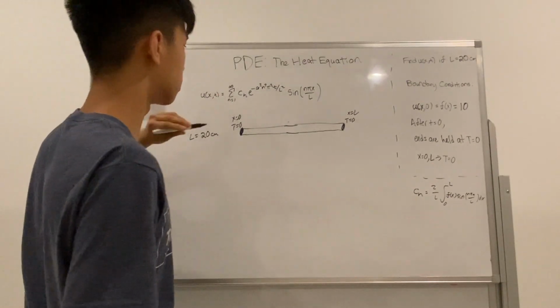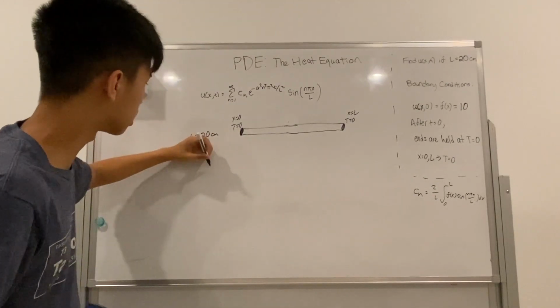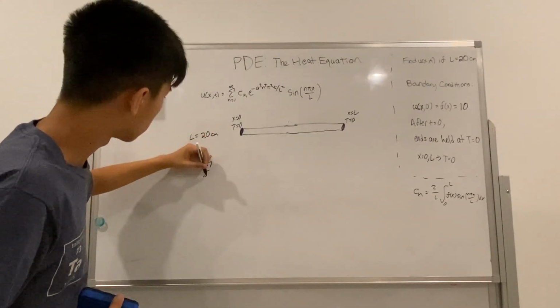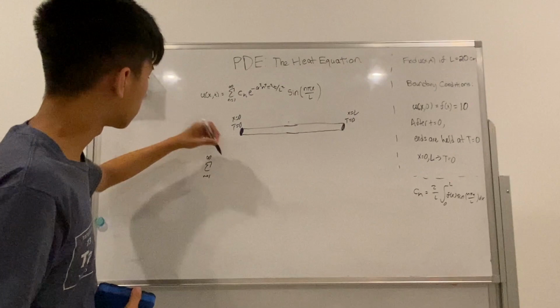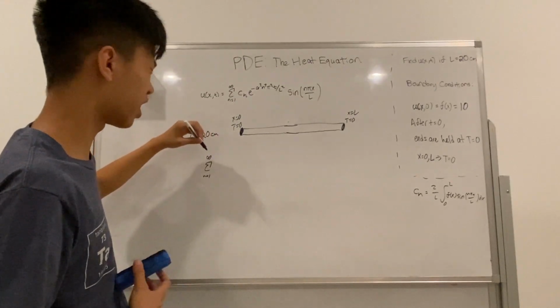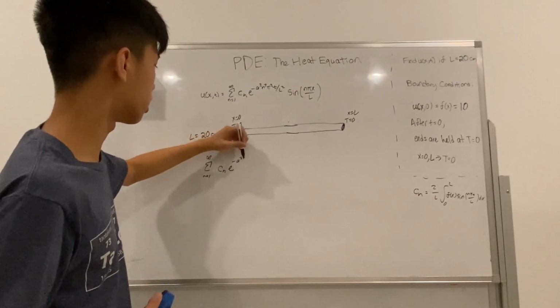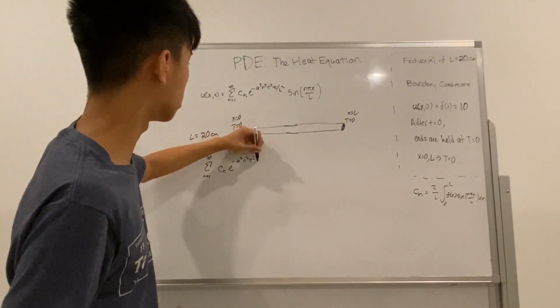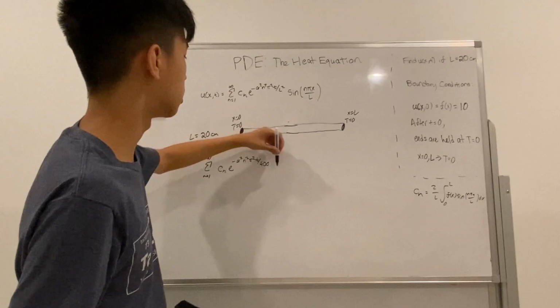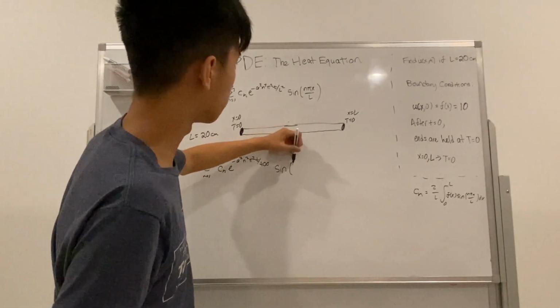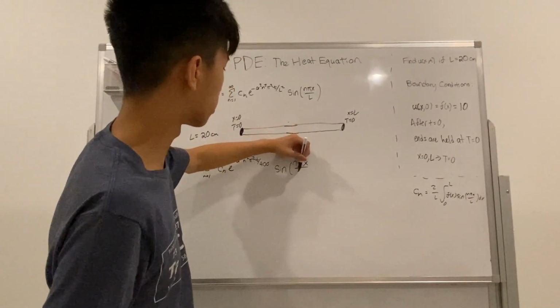Well, let's plug it in. So plug and chug. We get the series from n equals 1 to infinity of c n e to the negative alpha squared n squared pi squared t over 400 sine of n pi x over 20.